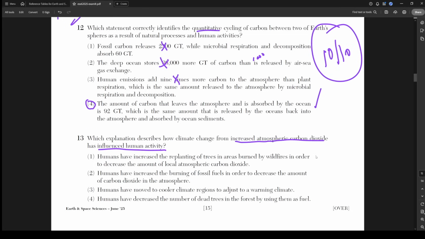Maybe. Humans have increased the burning of fossil fuels in order to decrease the amount of CO2? No, because that increases it, so that's wrong. Humans have moved to cooler climate regions to adjust? No, we haven't. Humans have decreased the number of dead trees in the forest by using them as fuel.